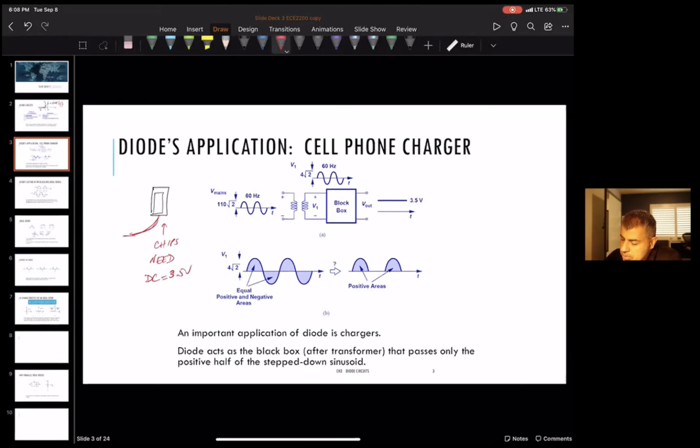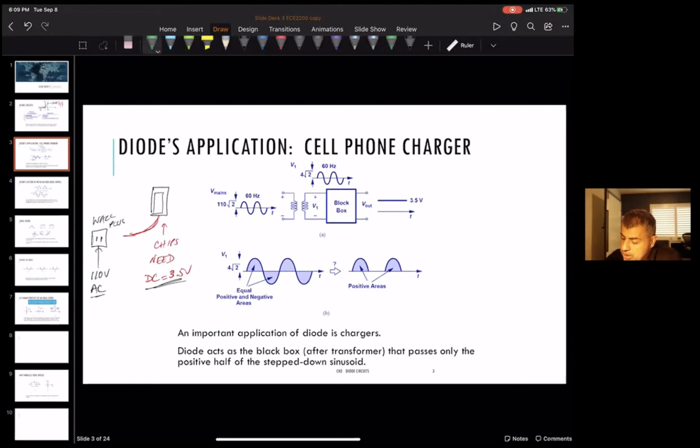But the problem is, you're going to plug it into the wall supply. So this is the wall plug, and as you all know, the plug has 110 volts AC. The phone needs a DC of 3.5, while the wall has an AC voltage of 110 volts.